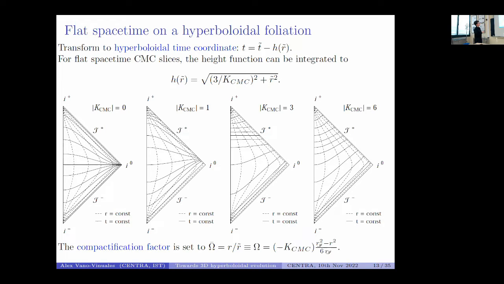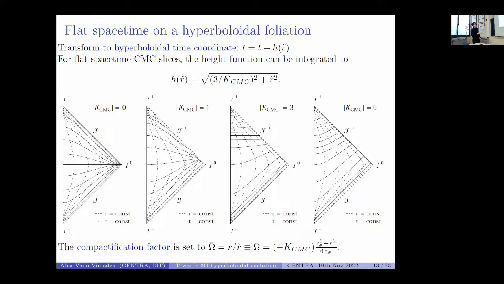So the old time is related to the new hyperboloidal time by a height function. And this height function's job is to raise the slices, so that from a usual space-like slice like this one, you go up to here, up to null infinity. The job is done by this height function, which for Minkowski spacetime you can choose to be this, or you can choose it to be something else.